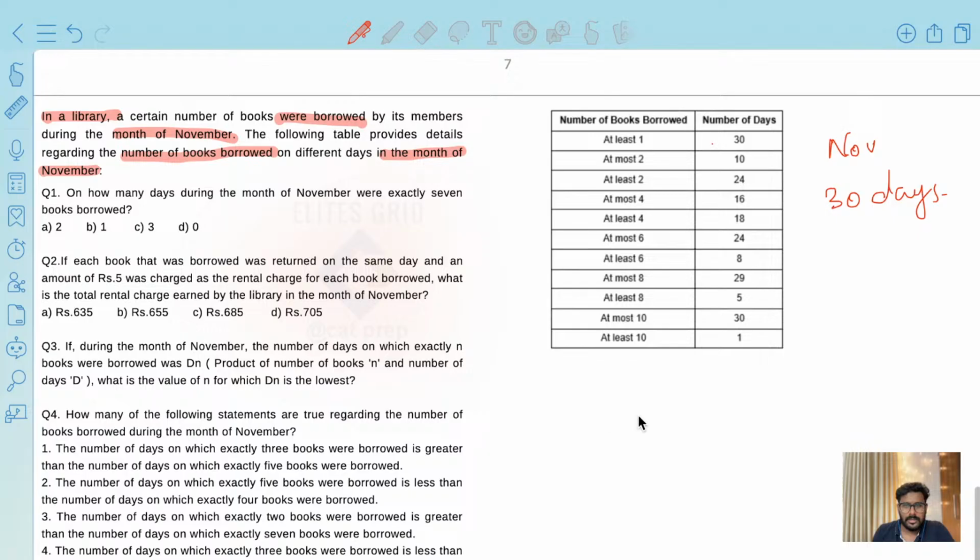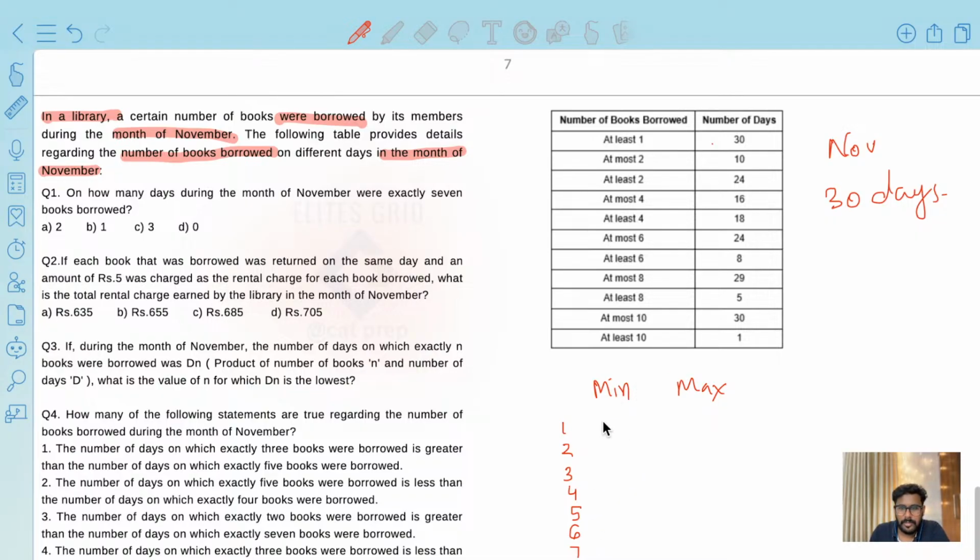Can I make some different table of the same kind? Okay, let's put 2, and maximum. 1, 2, 3, 4, 5, 6, 7, 8, 9, 10.